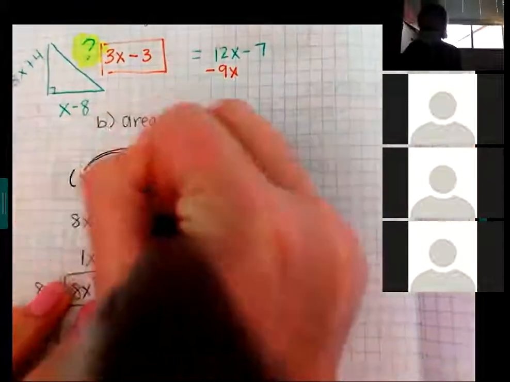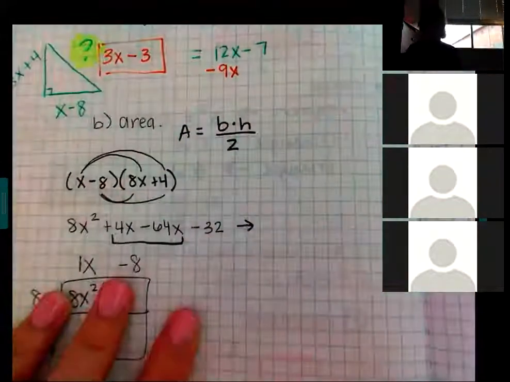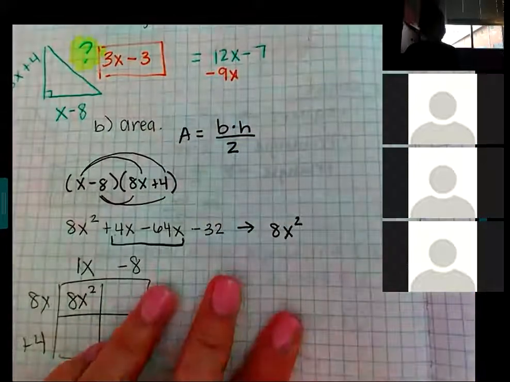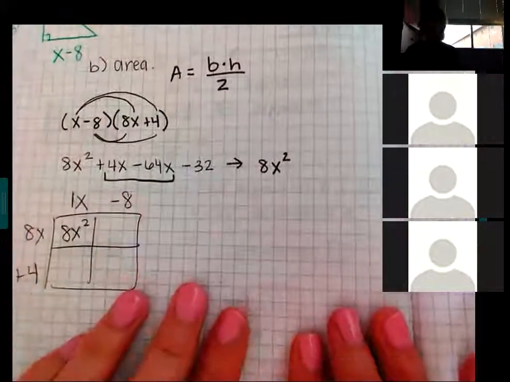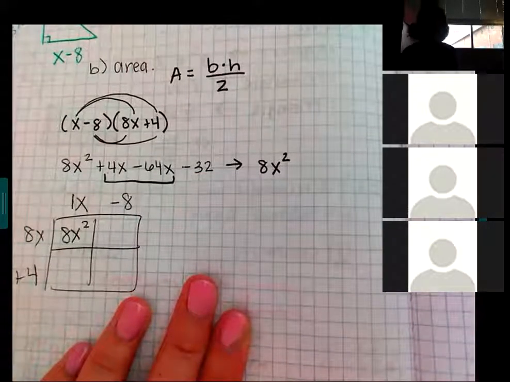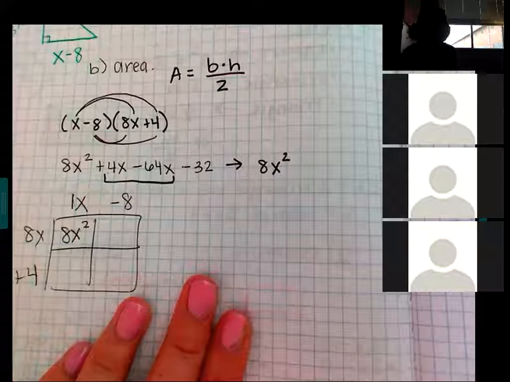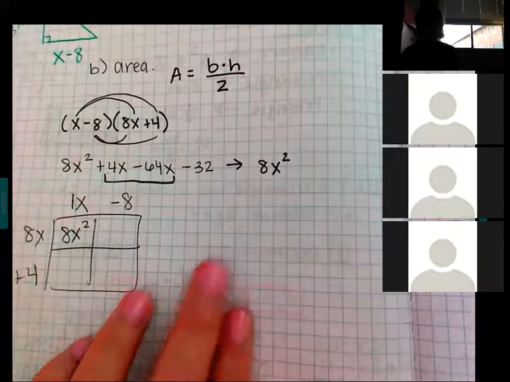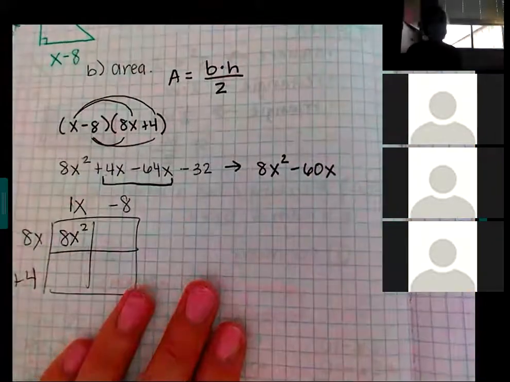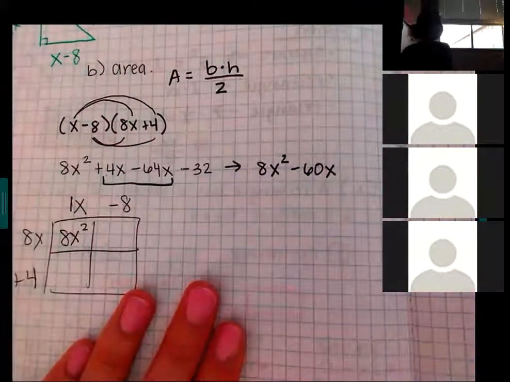Because I can combine my x's. Am I going too fast, or y'all just don't know still how to add positives and negatives? Very good, Kiara. Extra credit. Does anybody need help on figuring out how that's negative 60x?